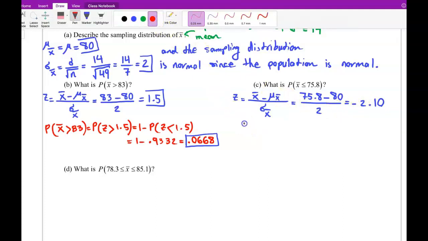Okay, now finding the answer. So x bar less than or equal to 75.8 is equal to probability of z less than negative 2.10.